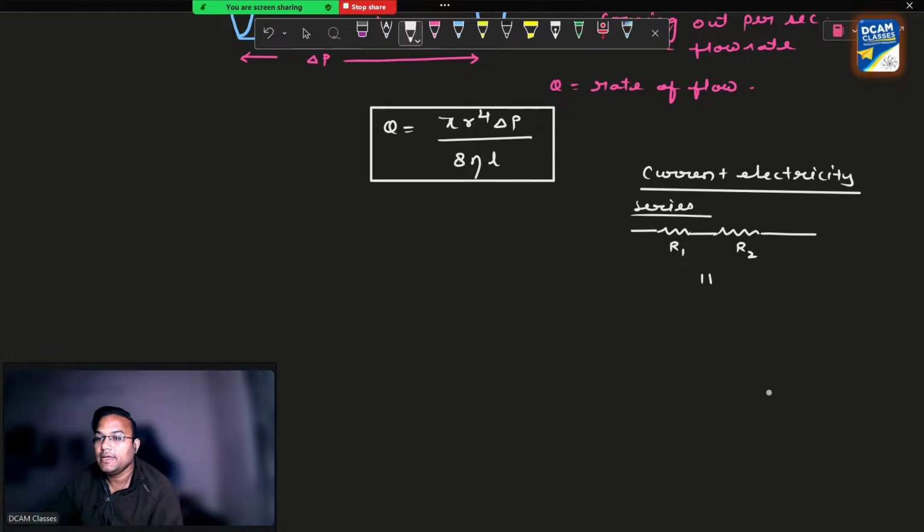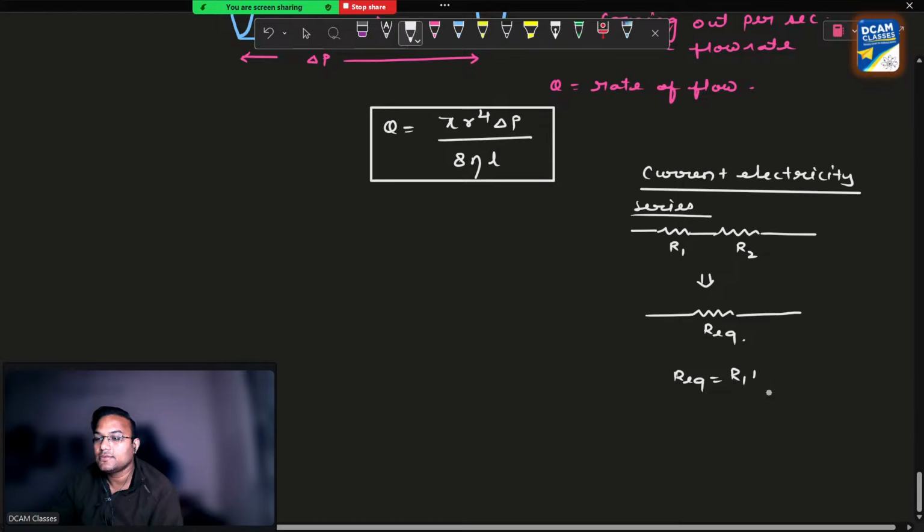And whenever we replace this with one equivalent resistance, we have this equivalent resistance as R1 plus R2. I know you know this one, correct?